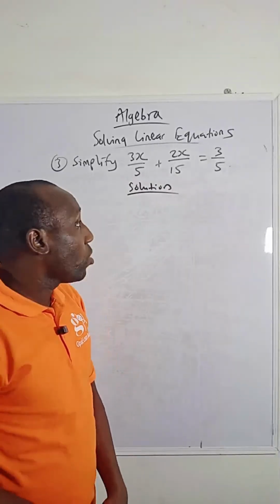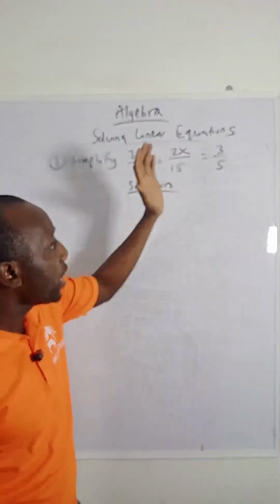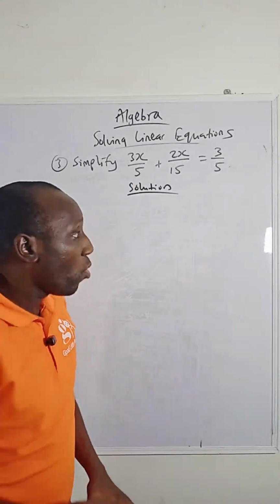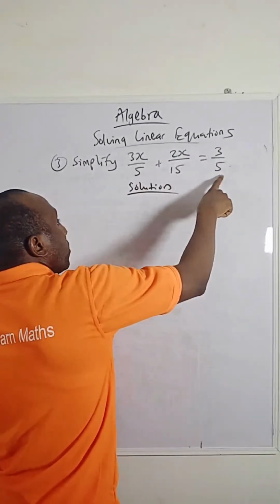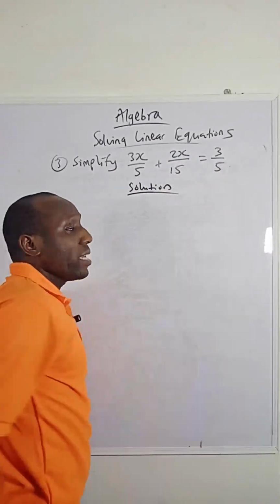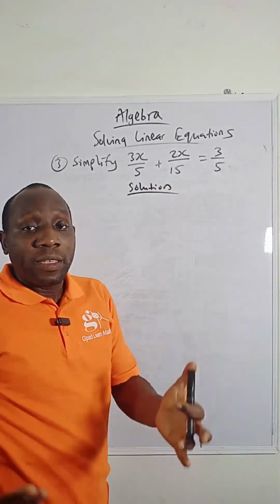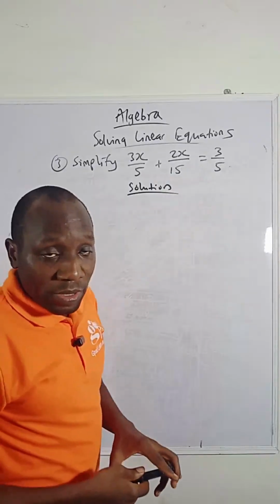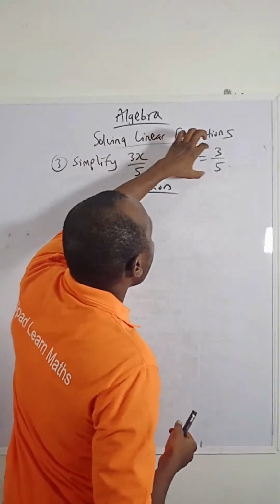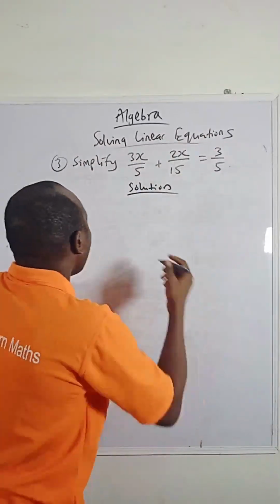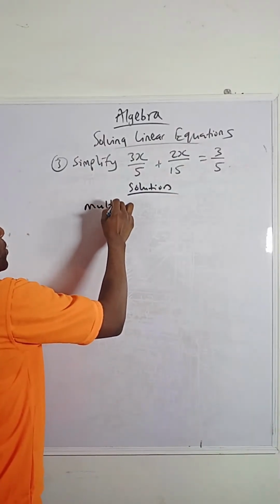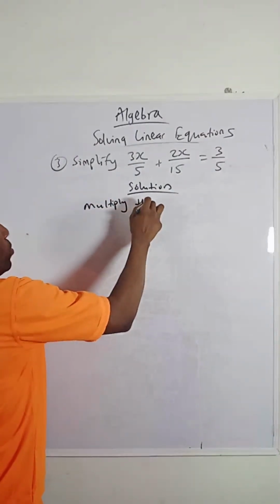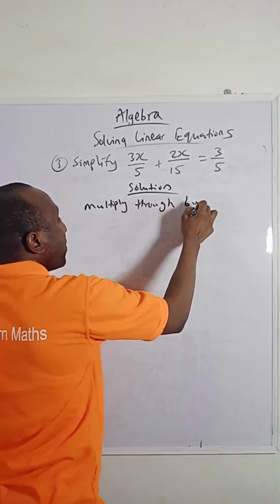What I can do is multiply every single term by the LCM of the denominators, 5, 15, and 5. What's the LCM of 5, 15, and 5? It's obviously 15. So to clear off the fractions, I can just multiply every single term by 15. So I'm going to say multiply through by 15.